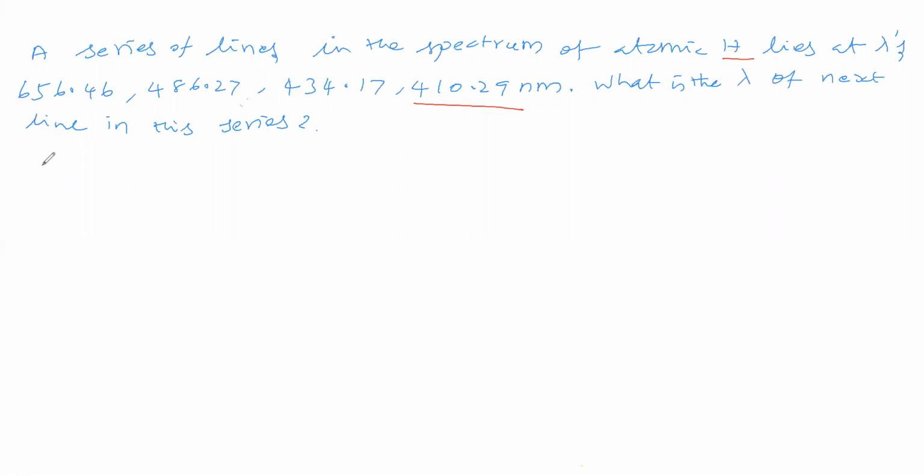Therefore, we will take Rydberg's formula: 1 by lambda is equal to RH into Z square into 1 by n1 square minus 1 by n2 square.